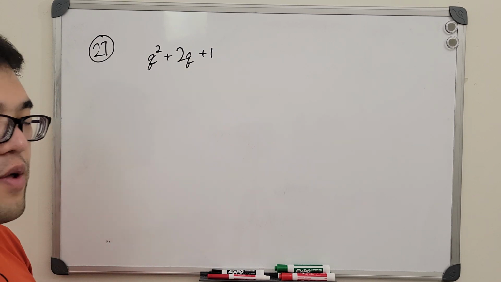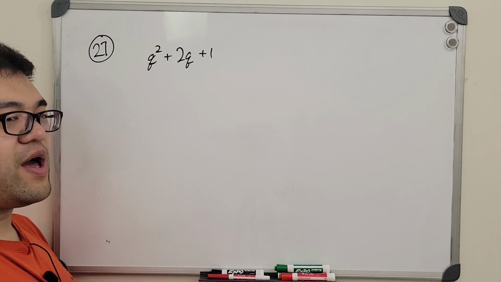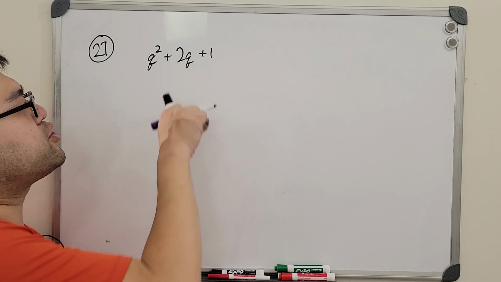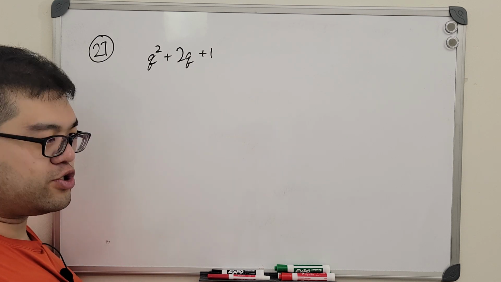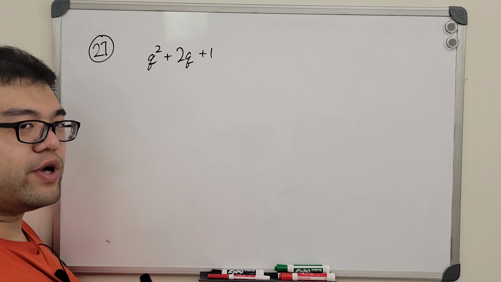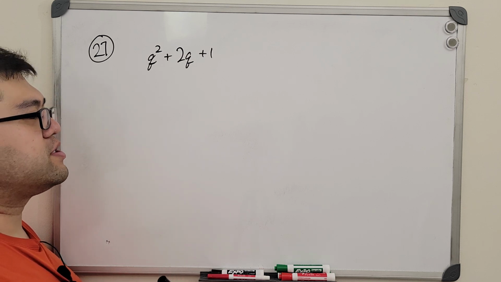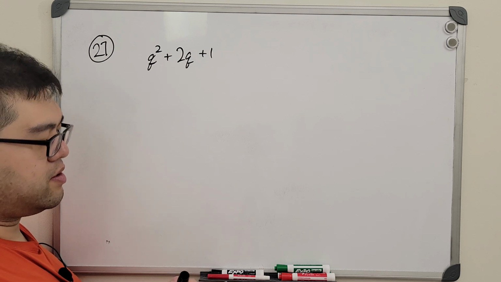So now we need to be a little bit careful, because as we identify what our a and b are, we also need to make sure that the term in the middle is actually the same as 2ab. In other words, we need to make sure that this product is actually correct.